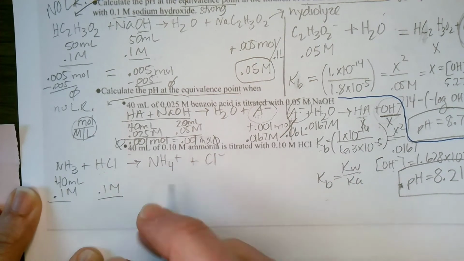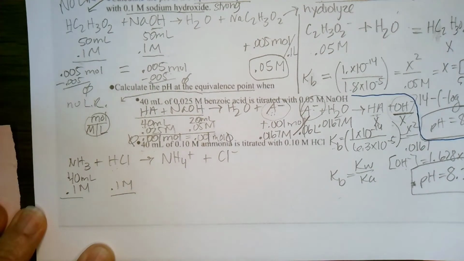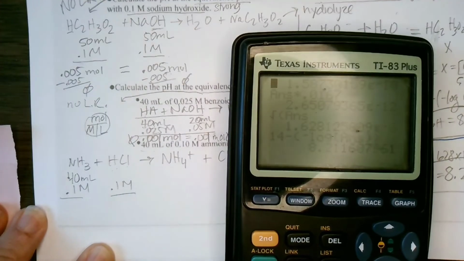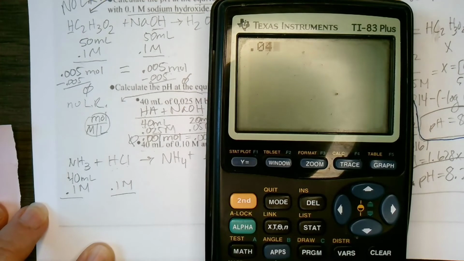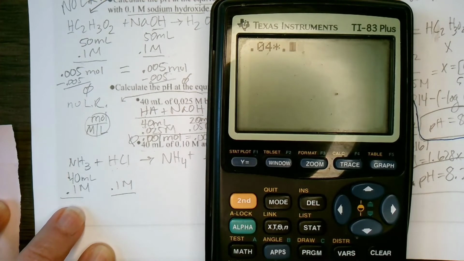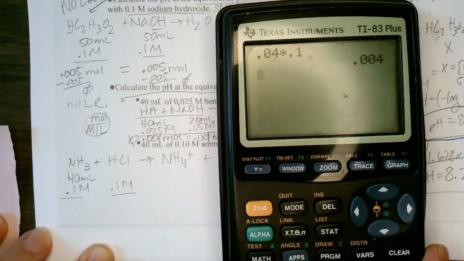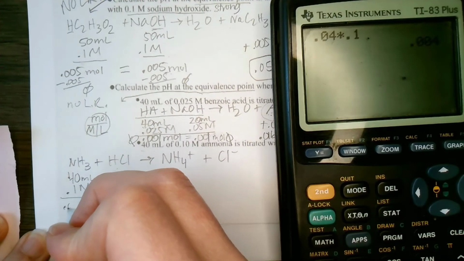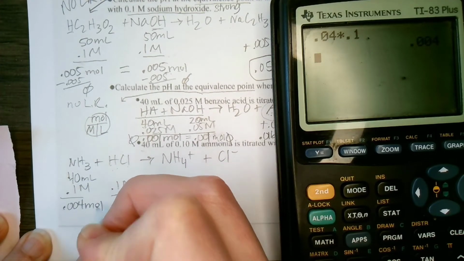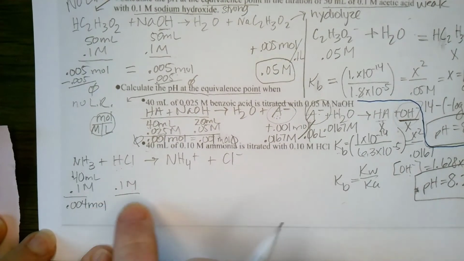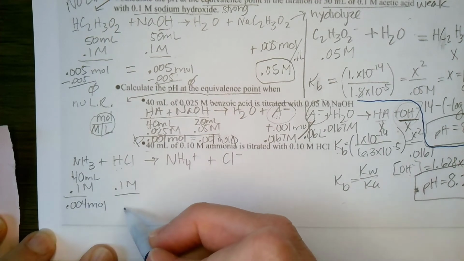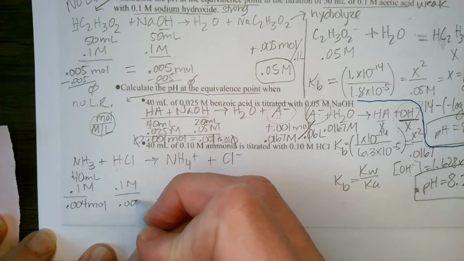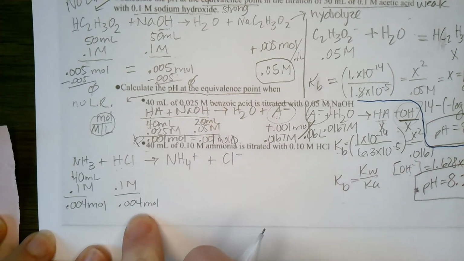All right, so let's figure out how many moles of ammonia we have. We've got 0.04 times 0.1 to have 0.004 moles. Again, we know at the equivalence point we need to have equal moles of our base and our acid, so we would have 0.004 moles of our HCl.